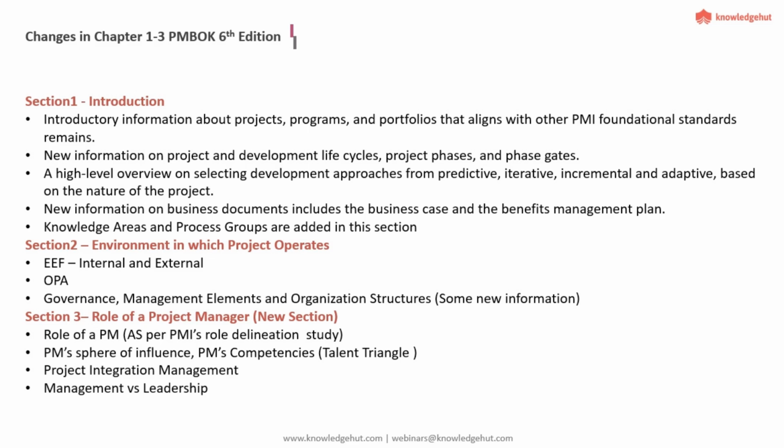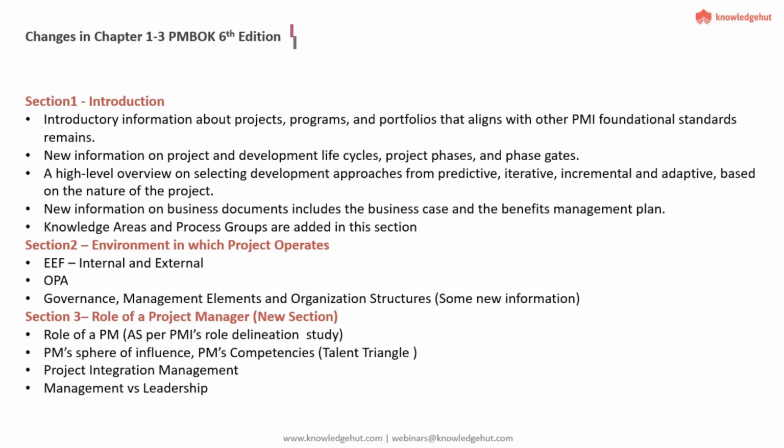And they're also talking about the life cycle, different types of life cycle, for example waterfall, agile, iterative. They're discussing briefly all those life cycles and the selection of life cycle: under what scenario we should choose a waterfall or predictive life cycle, and under what scenario we should choose an agile or adaptive life cycle.